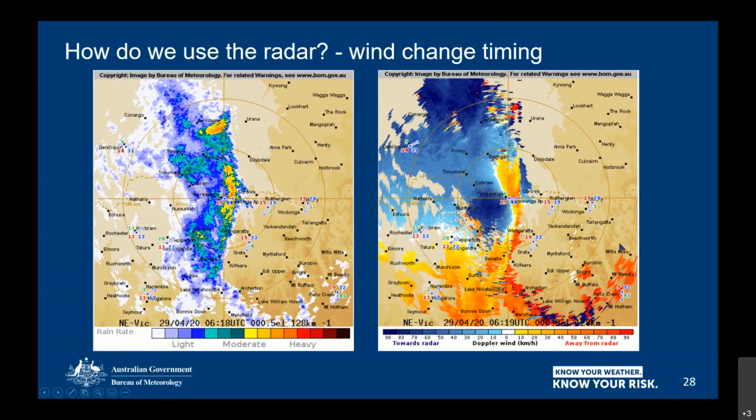Now this is where it gets a bit complicated, but if we look at our Doppler imagery, we've got our incoming here and our outgoing here. So we're definitely matching up with our westerlies here. We've still got our incoming over near Corowa, so we've still got our northerlies here. We're meeting up with this outbound here, and that's where our wind change is. So it's really useful for us when it comes to detecting wind changes.